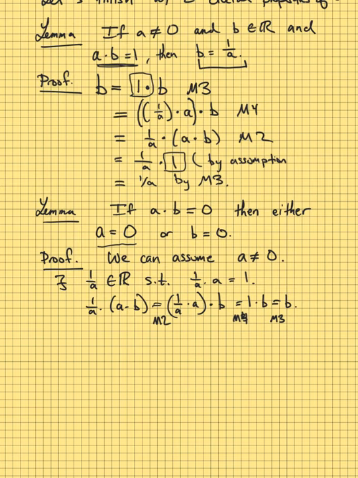But now we are assuming a times b is equal to 0, which means that 1 over a times a times b is equal to 0, right? Because by the previous lemma.